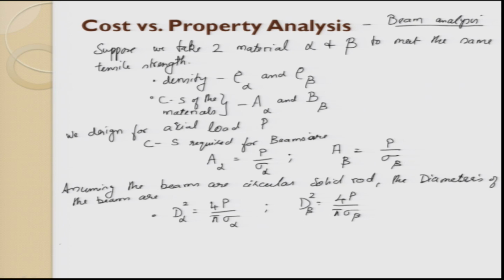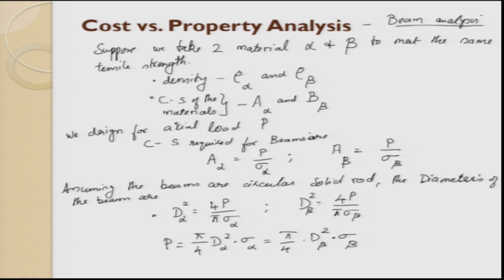Okay, so now we have to reconvert this, because it is for finding out the same load. So for the same load, if I rewrite the equation, I can say it as pi by 4 d alpha square into sigma alpha equals pi by 4 d beta square into sigma beta.